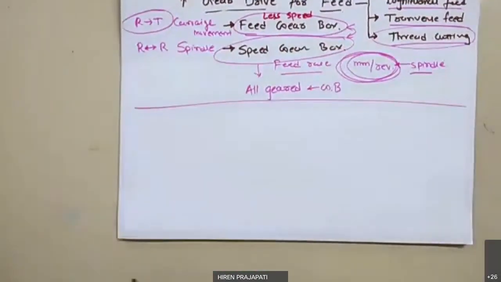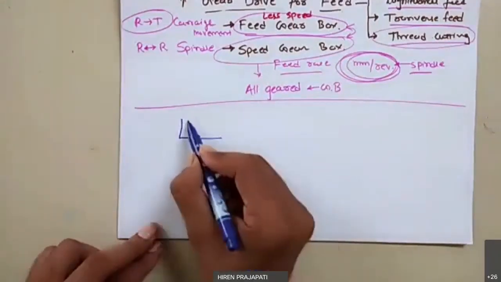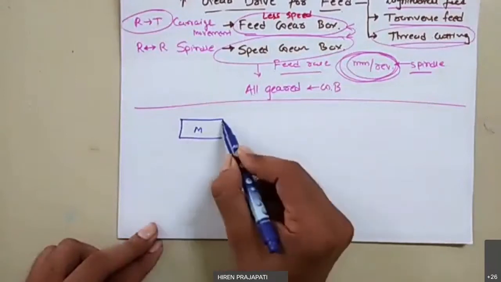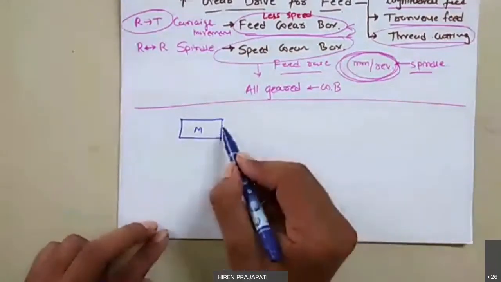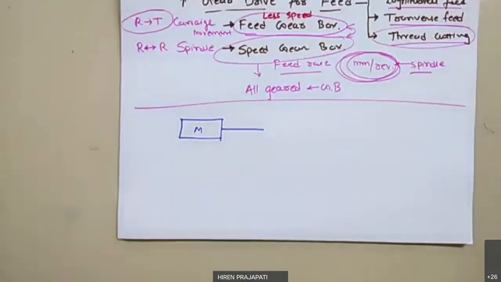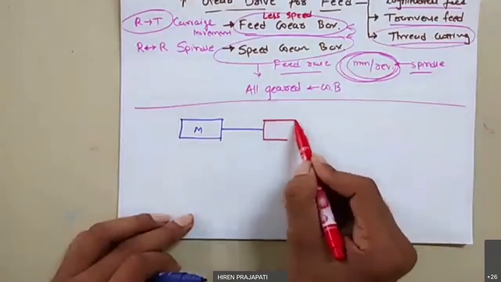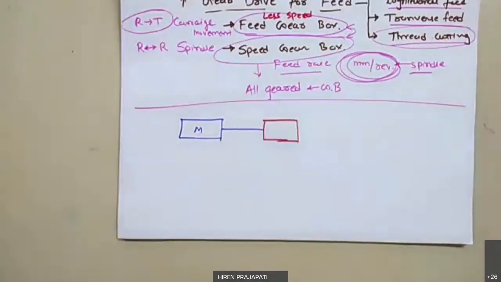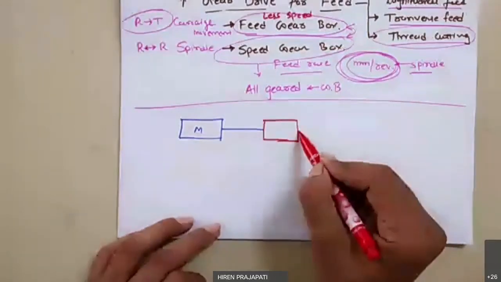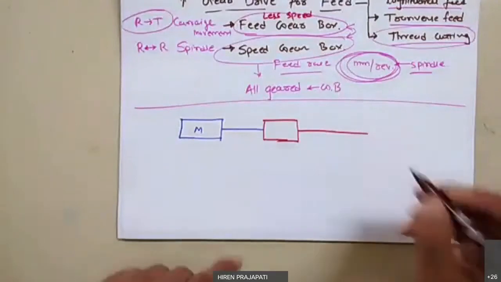So if we consider motor, motor is connected to speed box, speed gearbox, and speed gearbox is connected to spindle.